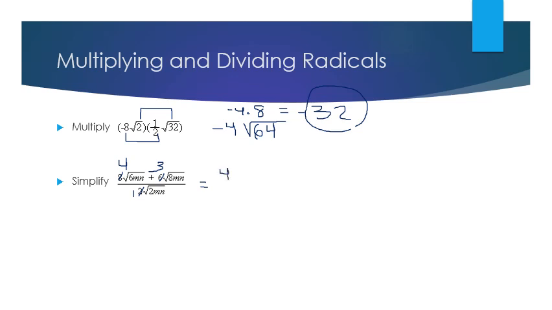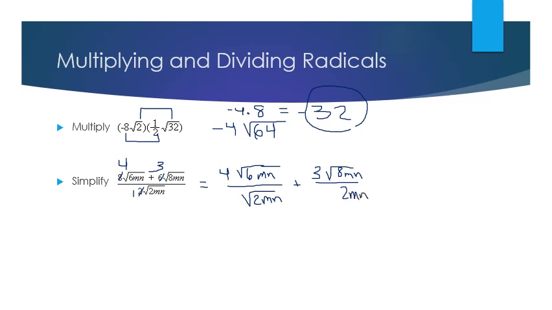So I've got 4 times the square root of 6mn, and I'm going to rewrite it a little differently because I want to split it up into 2 different fractions. And when they put one denominator below it, it just means that I'll have to use it underneath each half. And then I'm going to add this, and I change this to 3 times the square root of 8mn over 2mn.